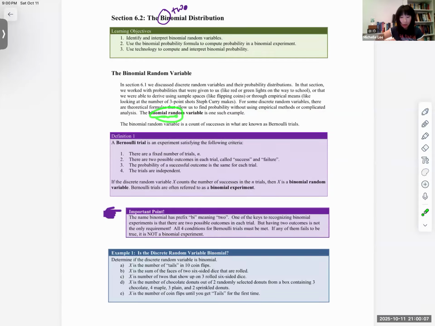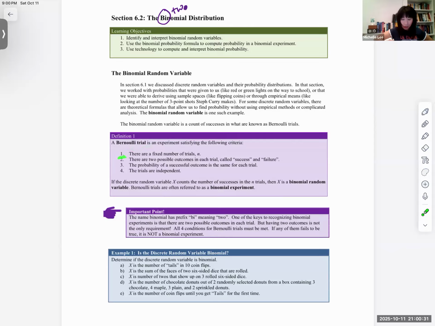So binomial random variable is one such example. Now we have the criteria of a binomial experiment here. They say that Bernoulli trial here.